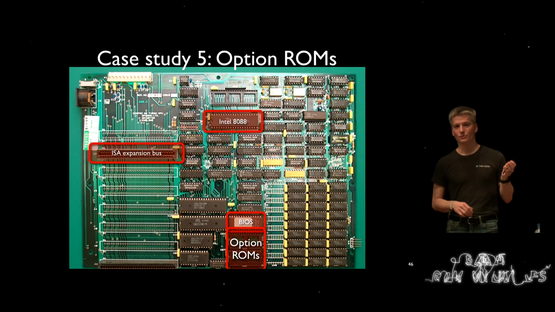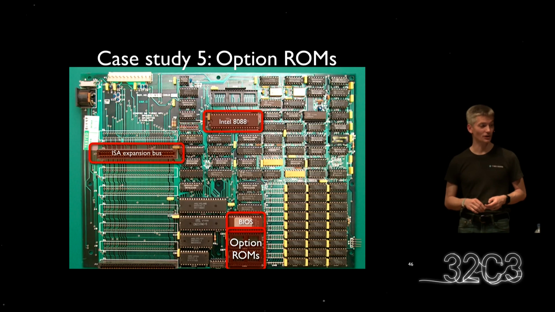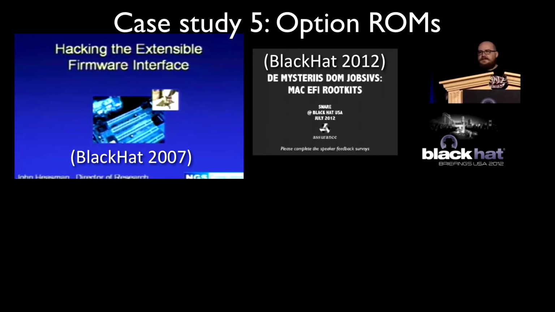Unfortunately, this code is run in the BIOS in ring 0 before the kernel, and that's really a bad idea for security. John Heasman in 2007 showed how this could be used to get persistence on servers with certain network cards. Snare in 2012 showed how Thunderbolt is actually PCIe, and it loads option ROMs off PCIe.